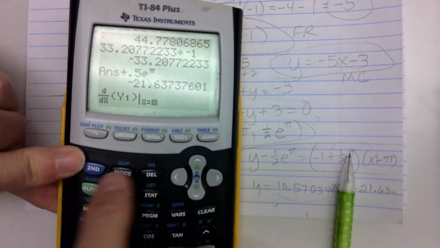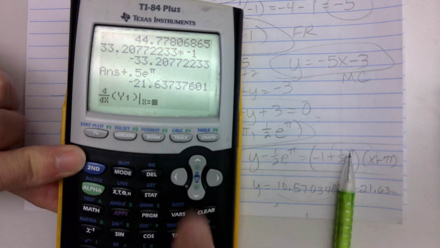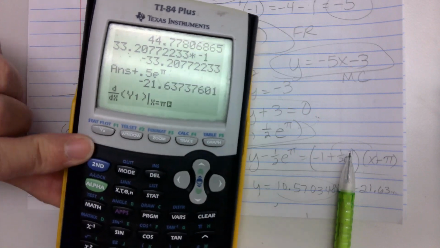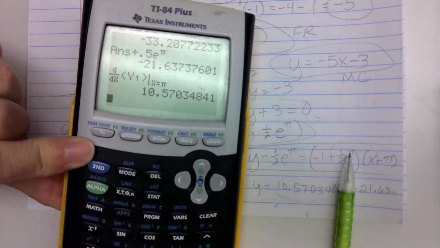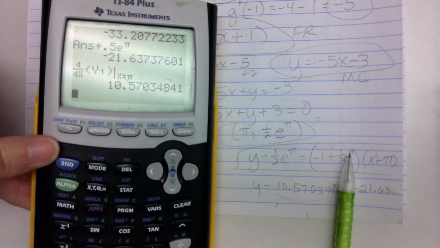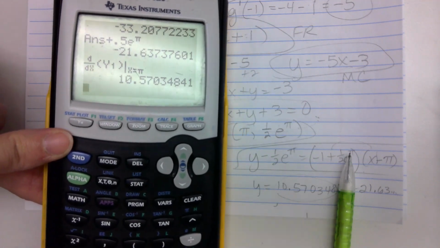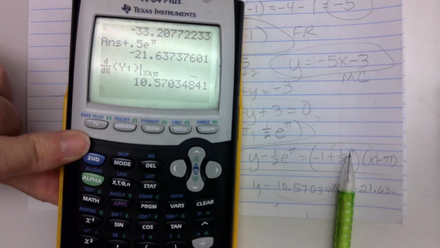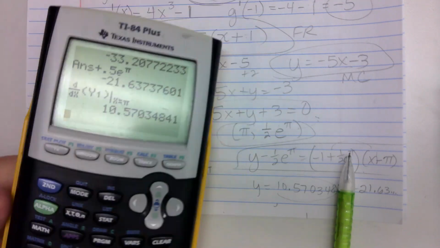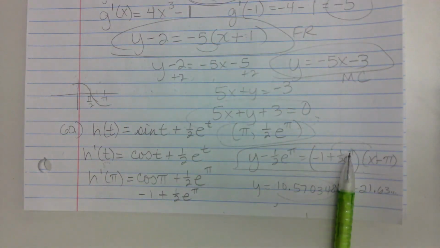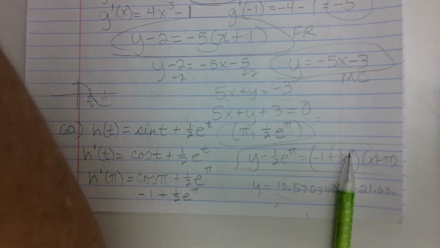Second trace gives you the function at pi. 10.5703, same thing we got when we plugged it in before, right? So let me see your TI-83, because I can't remember. You have to press in this junk in some order, and I have to figure it out every time.